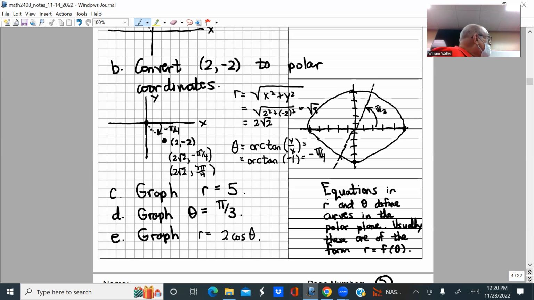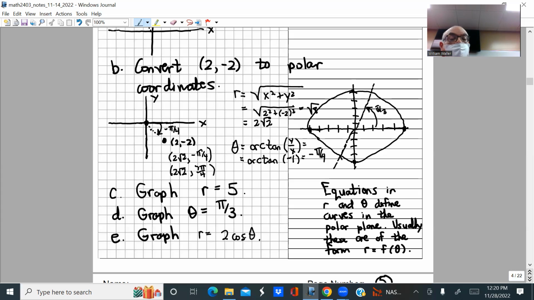So that's in rectangular coordinates, you just have a straight line. Well, it's pretty easy to write down equations for straight lines in rectangular coordinates anyway. So polar coordinates doesn't really give us much of an advantage for straight lines.